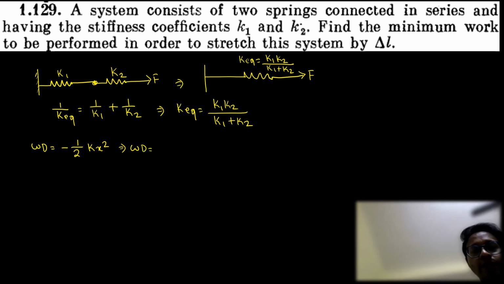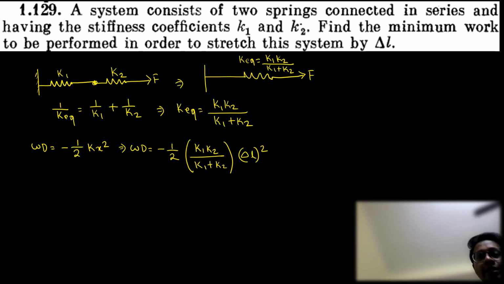Work done is equal to half times K, which is K equivalent, or K1 K2 divided by K1 plus K2, times X squared, where X is delta L, given in the question.